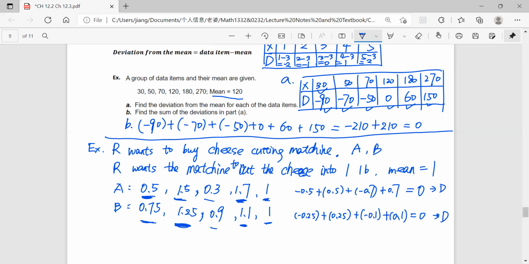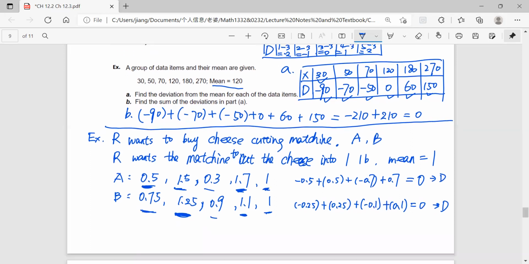But we need another definition we call the standard deviation to decide which data is closer to the mean. And this is a very simple question because we have only 5 data for each store.